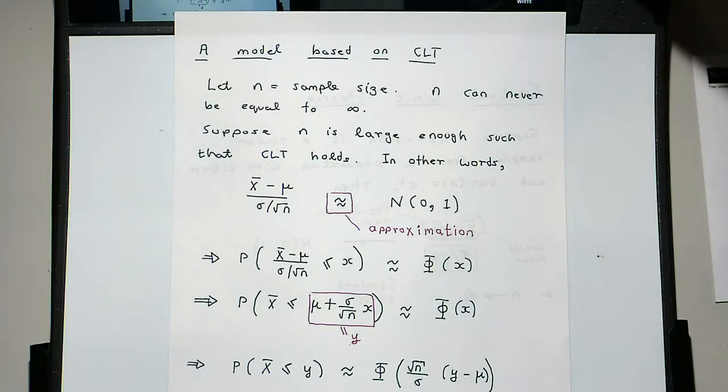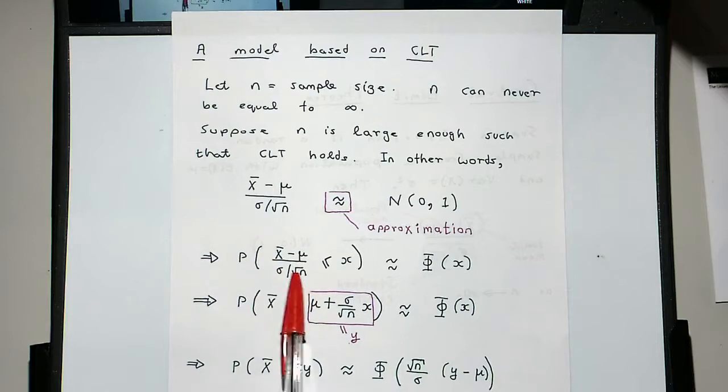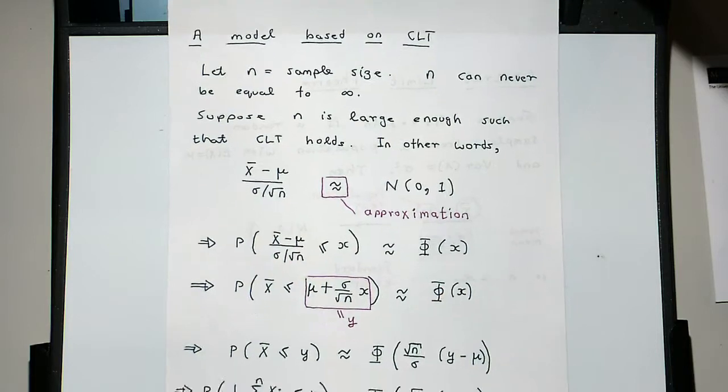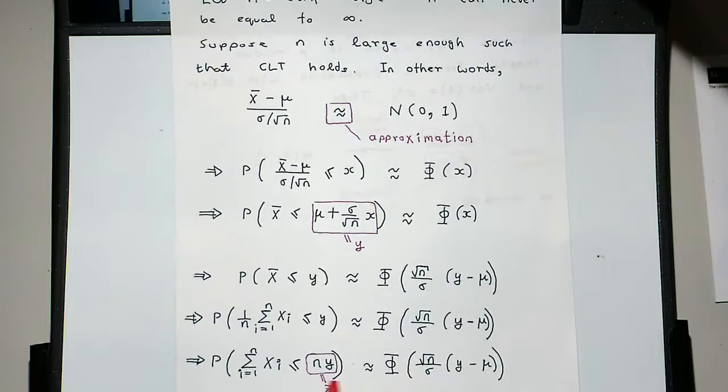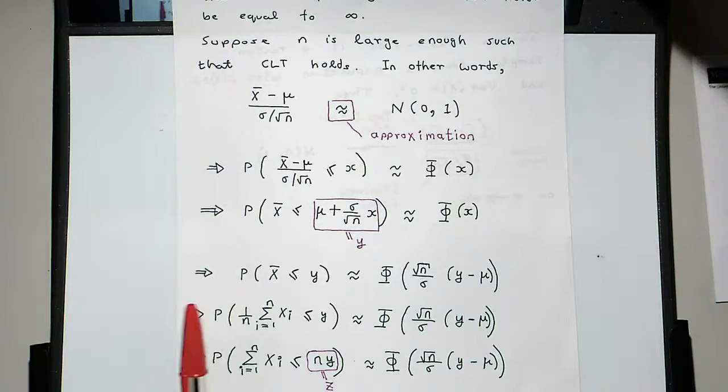If n satisfies that, then you can assume that the left-hand side is the same as the right-hand side. Doing some math, you get to this stage here. This is the approximation based on the central limit theorem, right?